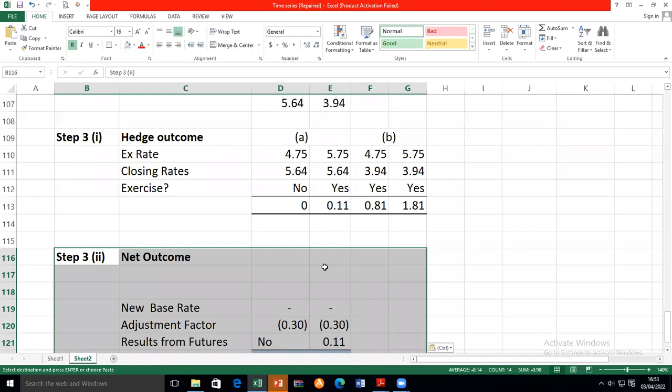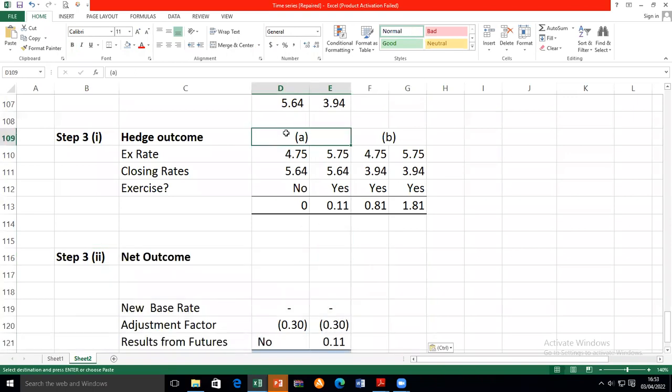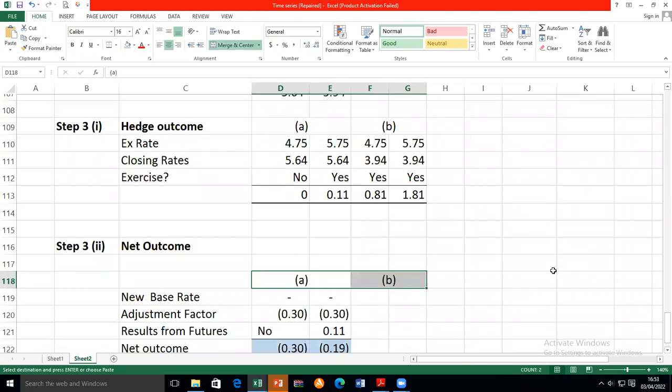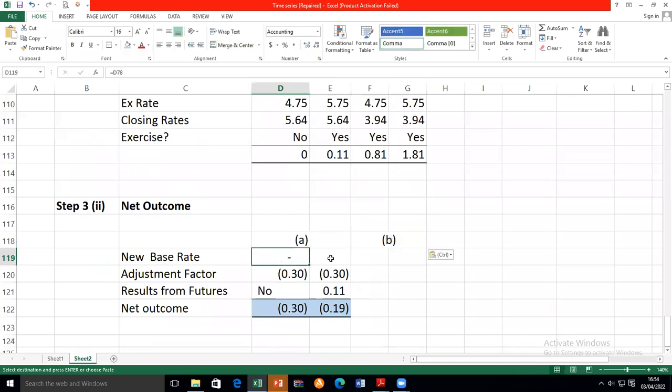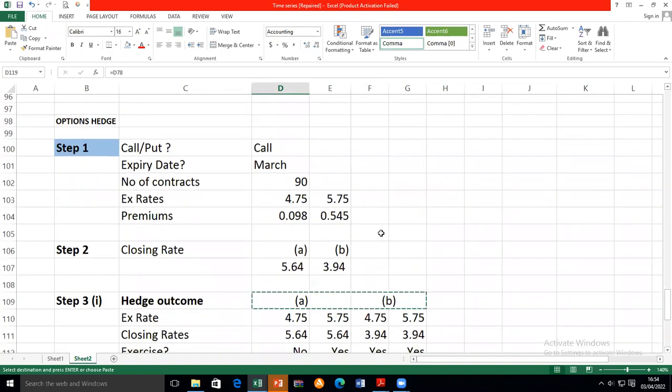We've got the scenarios. These are our scenarios here. Okay. The new base rate. They are here.